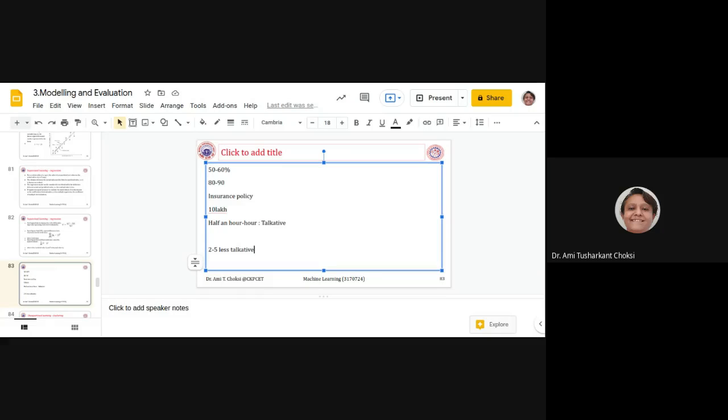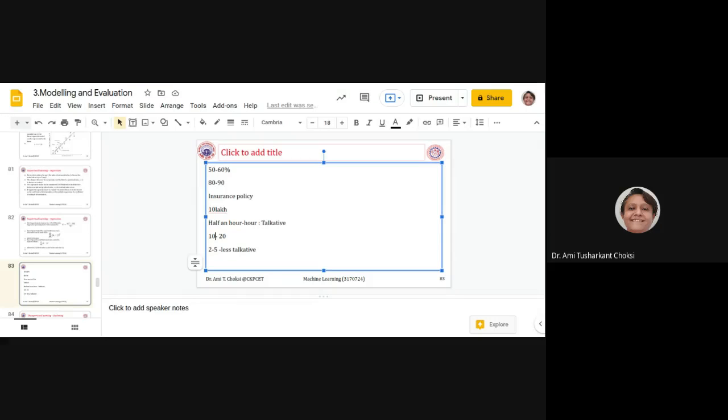Here we have the group of less talkative people. In between, say 10 to 20 minutes, if people talk typically, we consider them the middle range.